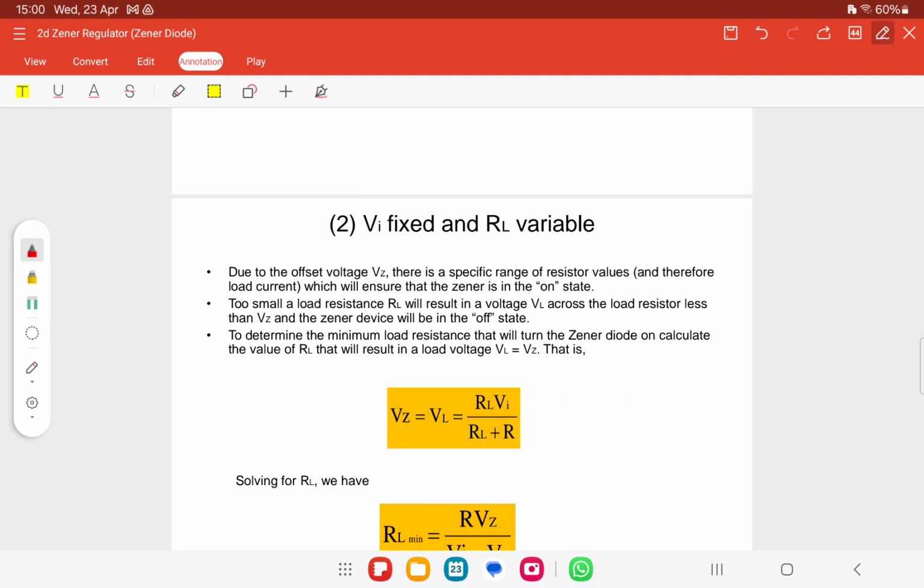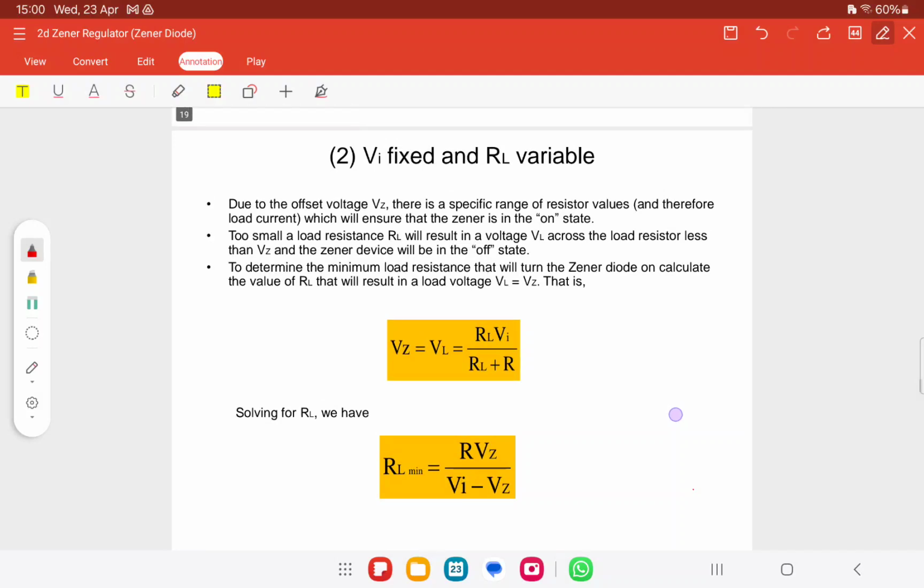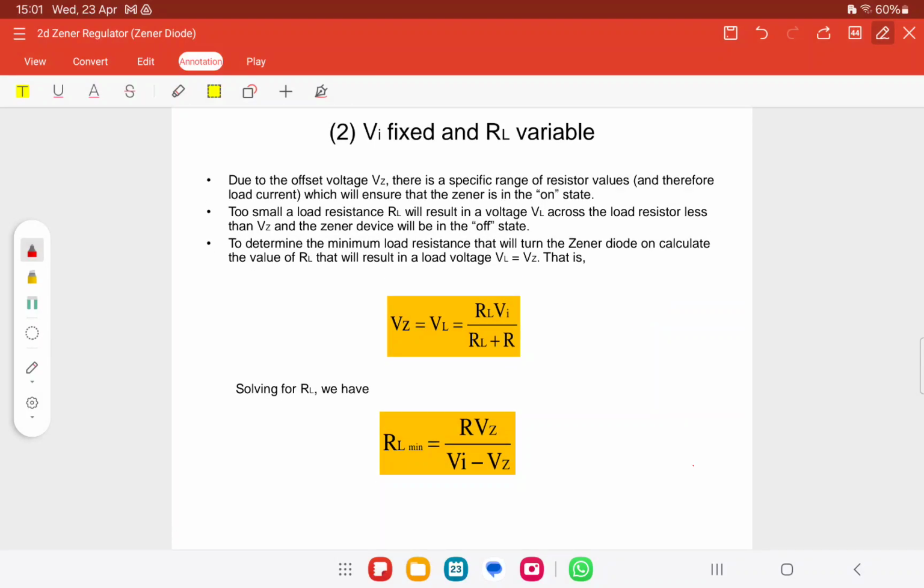Okay, so next one we want to go to the fixed supply and vary the resistor. Fixed supply and vary the resistor. For this fixed and vary condition, number 2 and condition number 3, we assume the diodes to be on conditions.